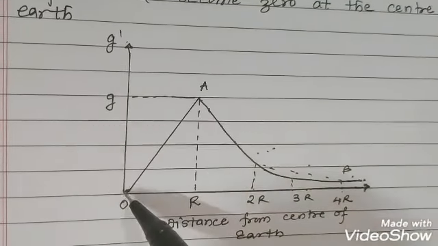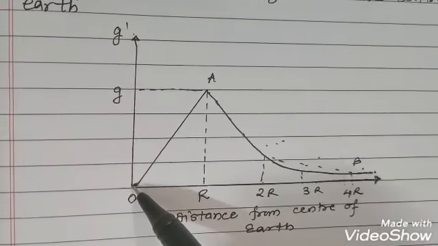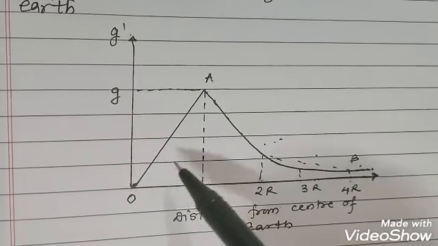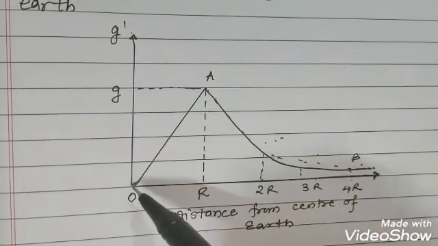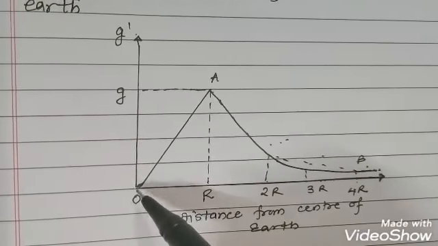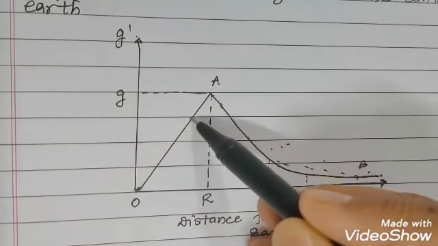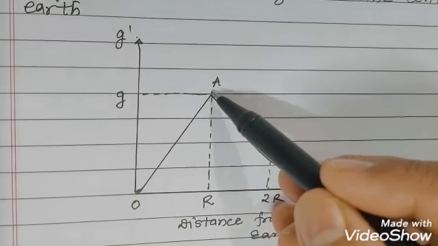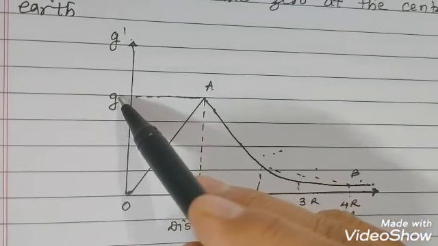You will see that at the center of the earth, g dash will be 0, and from 0 to R, that means from the center of the earth to the earth's surface, the acceleration due to gravity will increase, and on the surface of the earth, the acceleration due to gravity will be maximum.